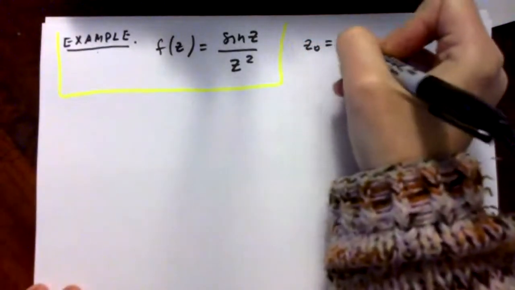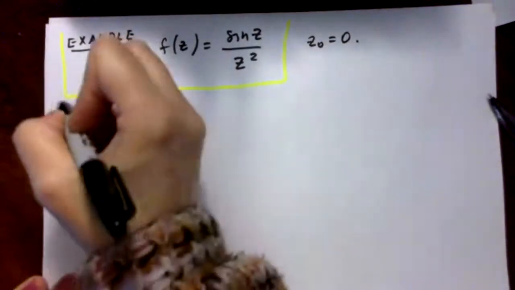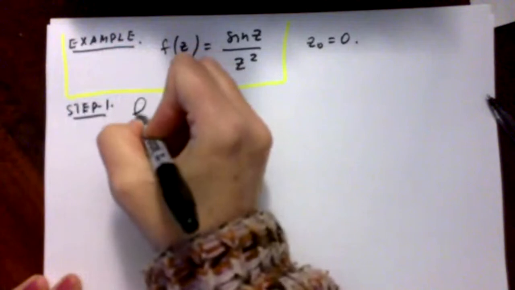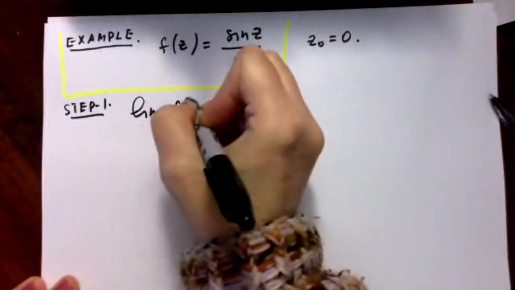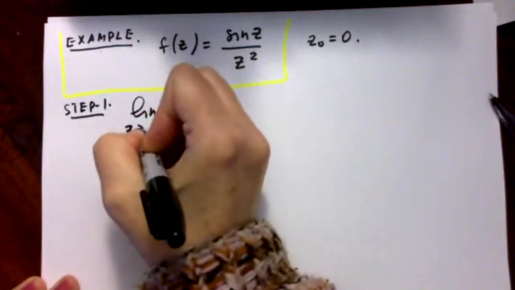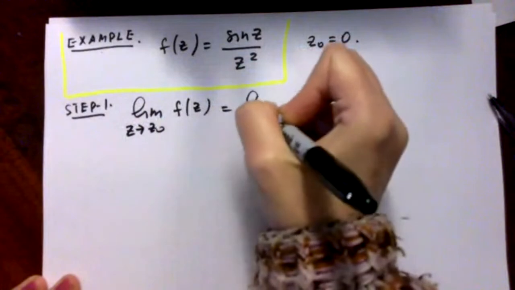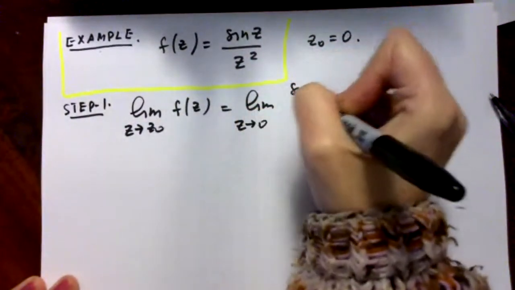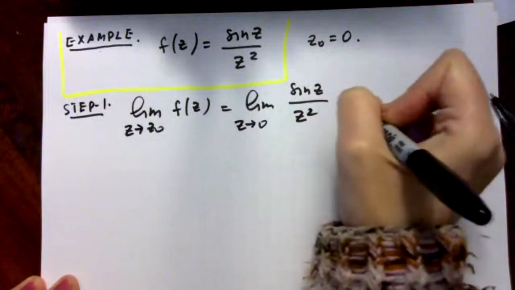So the point of singularity is pretty obvious, it's 0. But let's start with step 1. We need to determine the type of this singularity. To this end, we need to calculate this limit again. So the limit when z tends to 0 of our function, sine z divided by z squared.